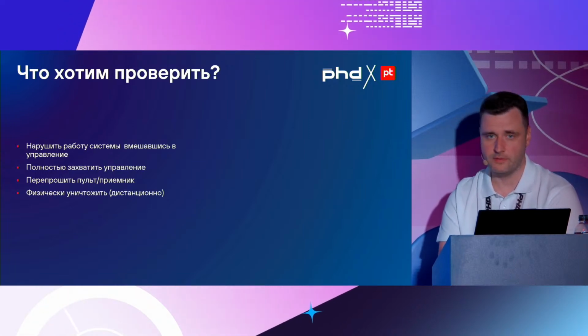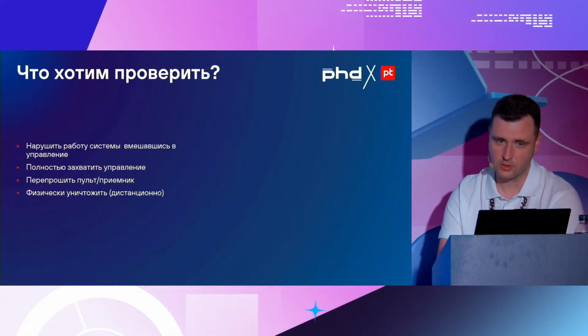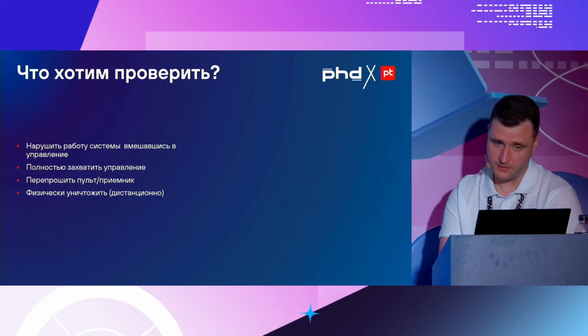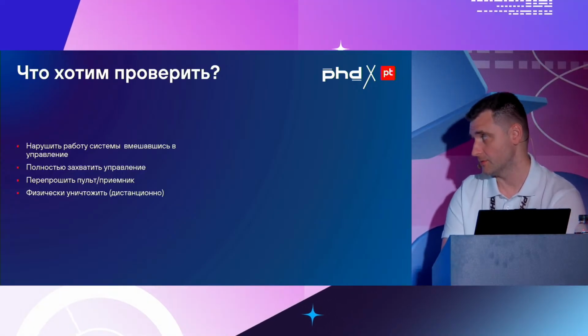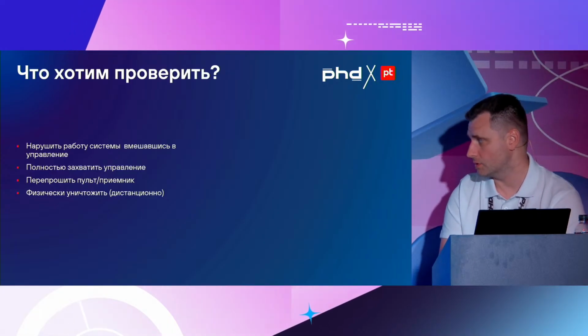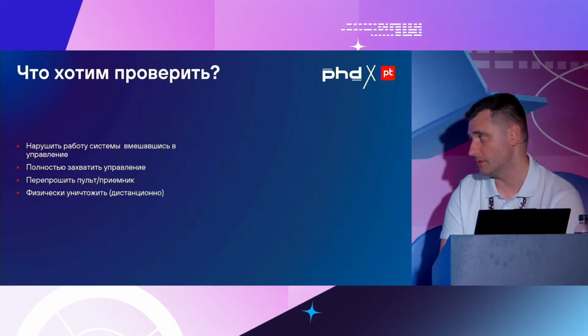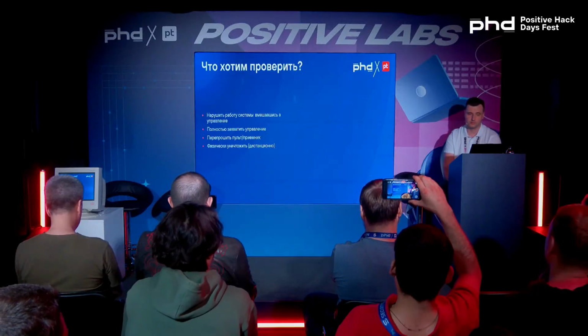First of all, we'd like to interfere with the work of the control system. Not an e-stop, but just break the work. Secondly, intercept the operation so that the remote control doesn't work at all. Then we change the firmware of the receiver of the remote control. And, for instance, to physically destroy something.